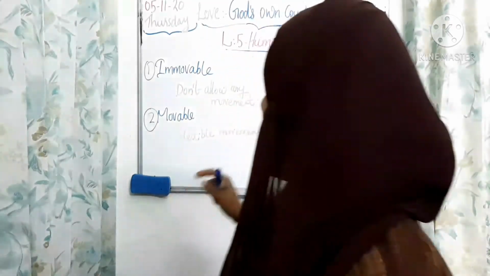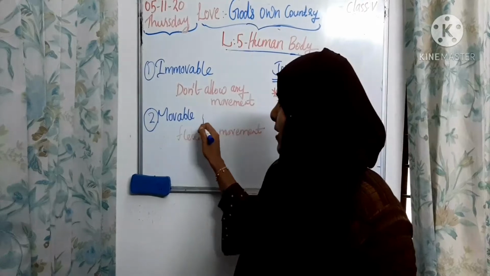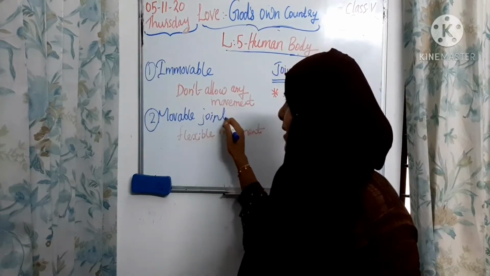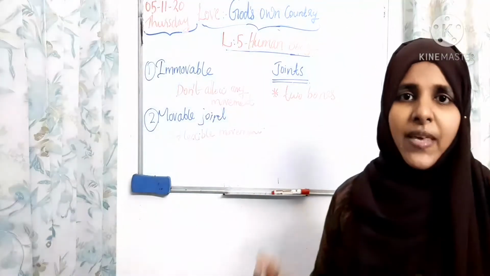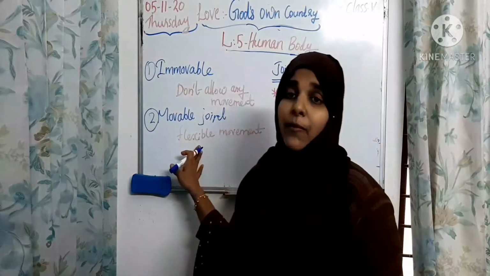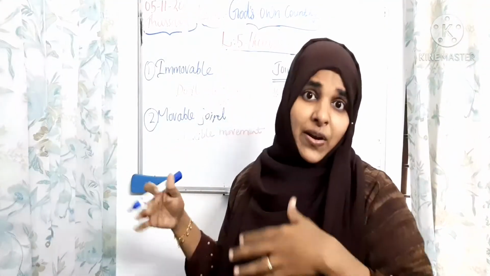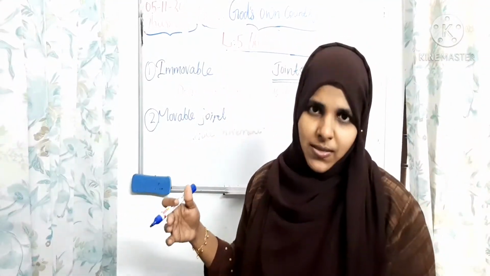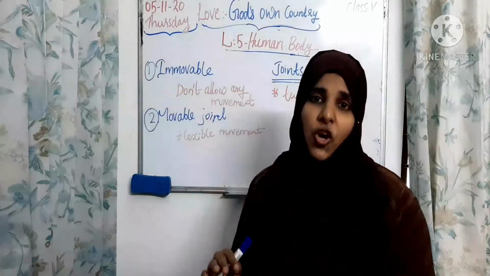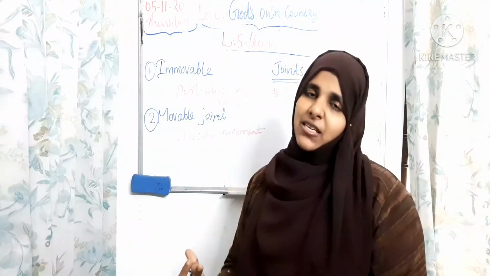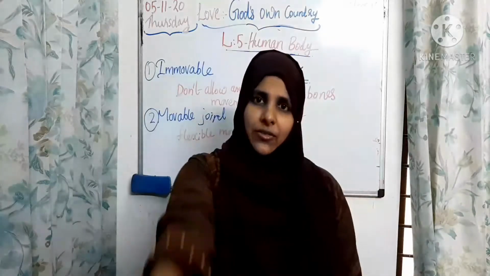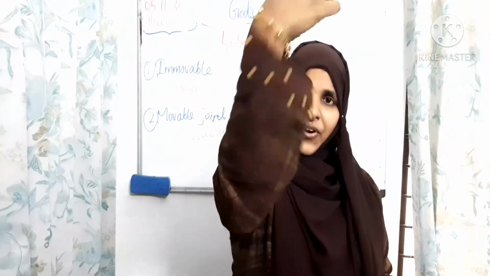Okay. So the next joint is the movable joint. What is a movable joint? The name itself says it: the bones allow flexible movement. We can give many examples. Our shoulder is movable, right?